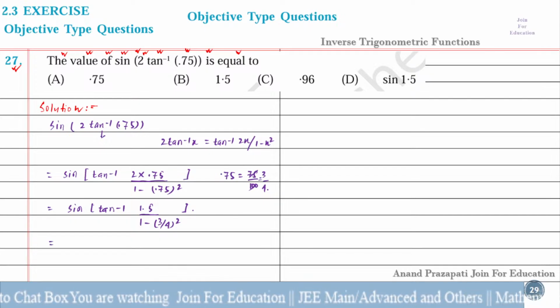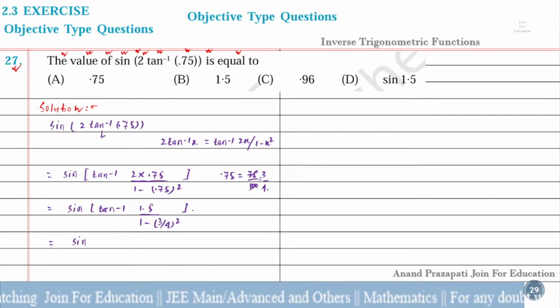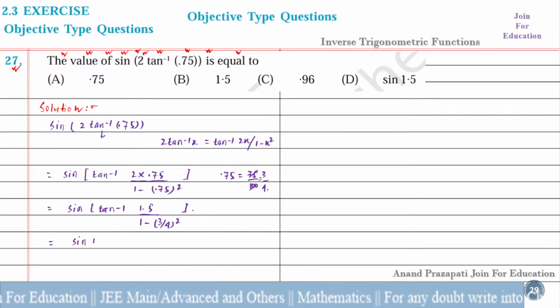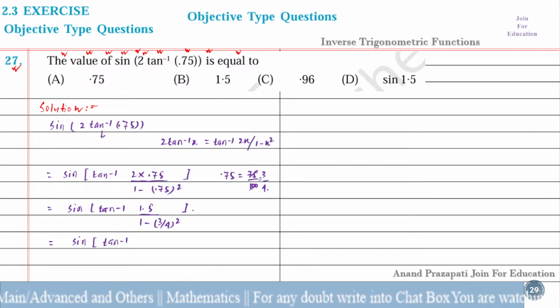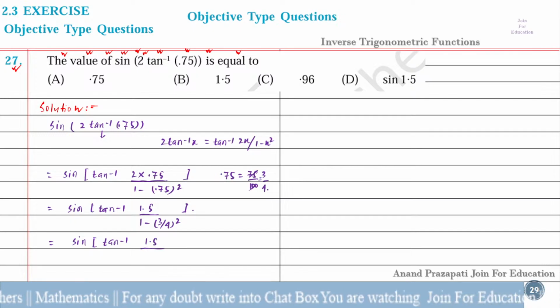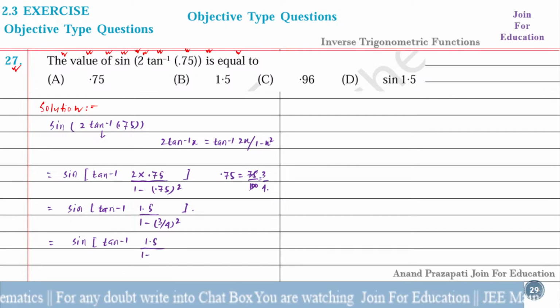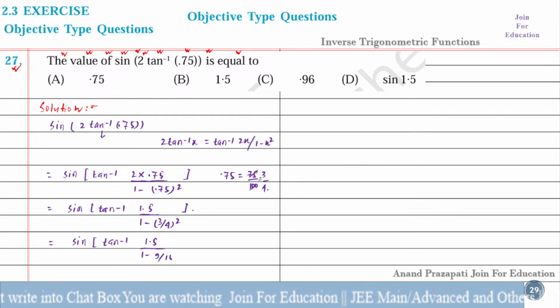Let's see the next step, sin of tan inverse 1.5 by, we write down here, 1 minus 9 by 16.